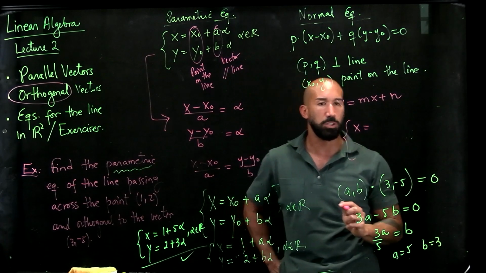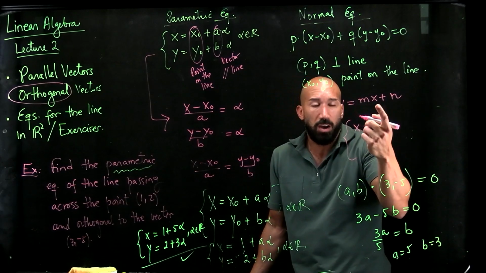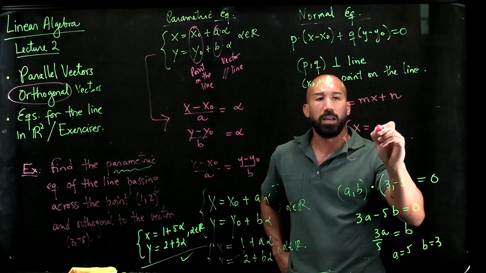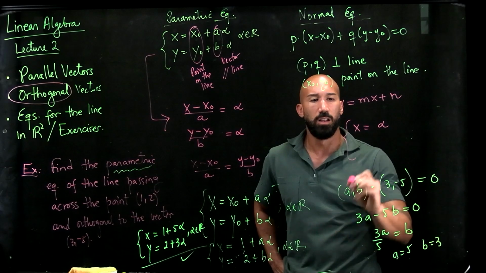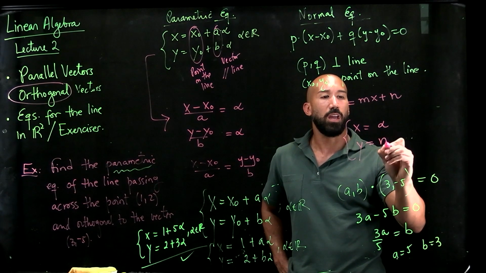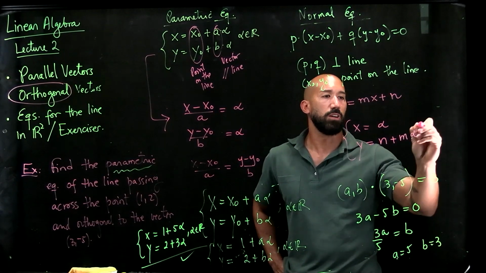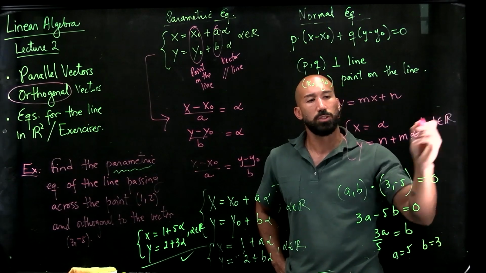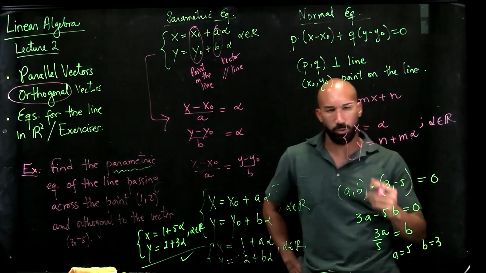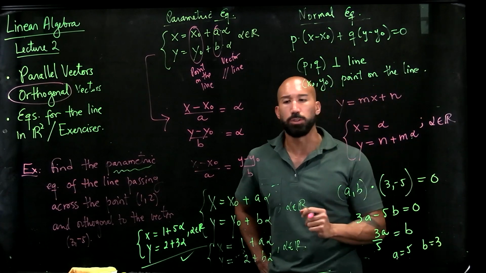You already have that equation. Or you can put it this way if you prefer, or maybe you already have it this way. And you can put x equal alpha, and y is going to be then n plus m alpha, and now alpha is real. It's another way of introducing a parameter. Is that okay? Well, it's up to you.